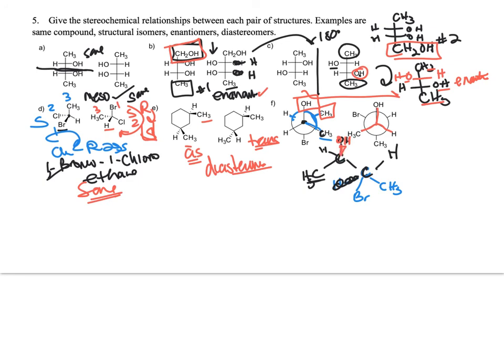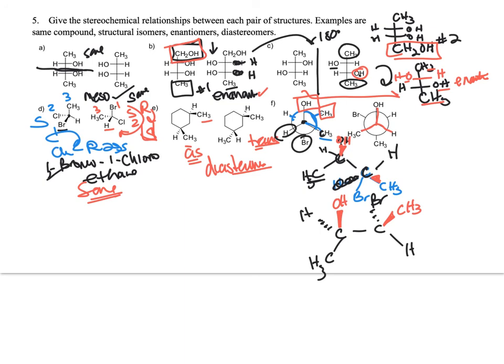And then if that's the plane, this would be on the same side. So you would make OH facing towards you and CH3 facing towards you, but you'd have to actually draw it like this, where CH3 is on, and the OH on top, and then you would draw the hydrogen and the bromine going back. So if you wanted to really convert those, that's what you'd have to do.